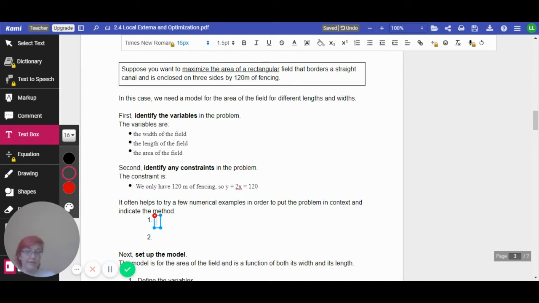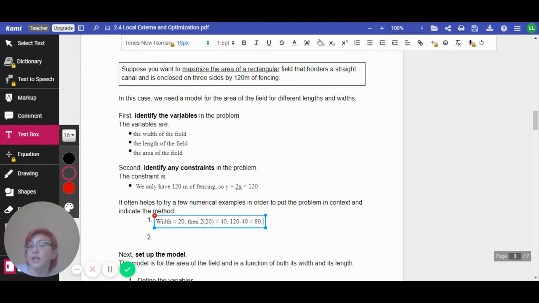So if the width is 20, then let's see, 2 times 20 is 40, and 120 minus 40 is 80.